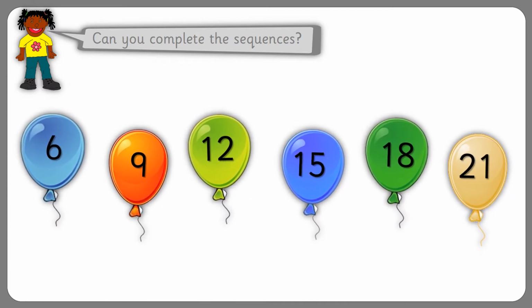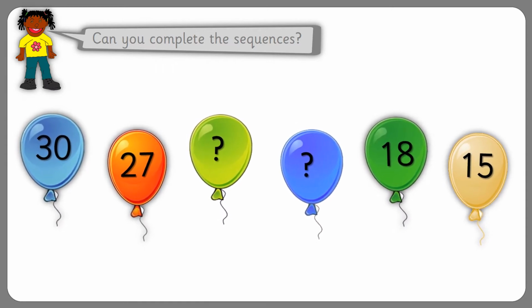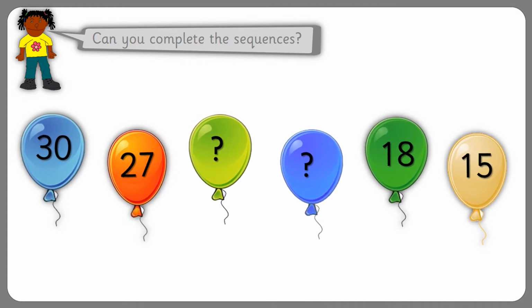Let's try another one. Okay, here's another number sequence with two mystery numbers in the middle. This time it starts at 30. The next number is 27. 27 is 3 less than 30. Then we've got our two mystery numbers. Then we've got 18 and 15.